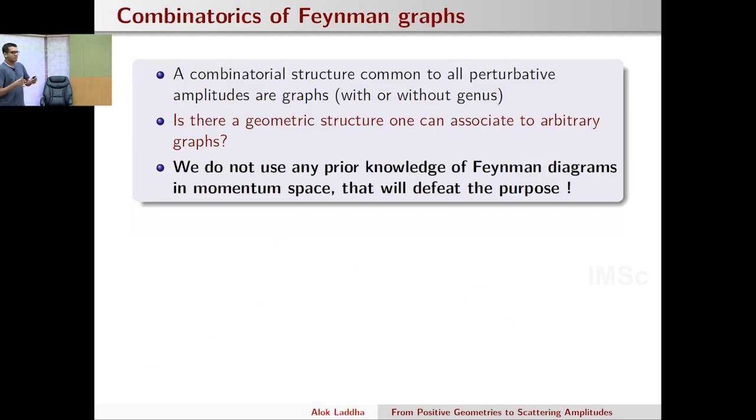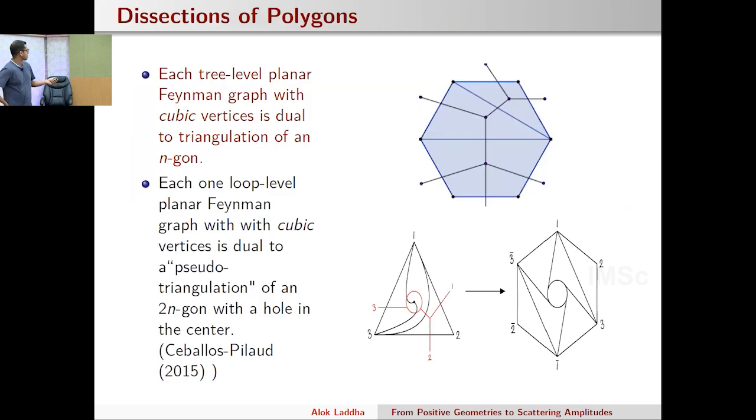But if you have loop amplitudes, then you can think of them as graphs having loops, genus, etc. So we could ask the following question: is there a geometric structure that one can associate to arbitrary graphs? I just want to emphasize that we will not use any prior knowledge of Feynman diagrams, because that would defeat the purpose, since we don't want to assume anything. All we are assuming is that we start with some combinatorial structure, which are graphs, and see what kind of geometries we can build from them.